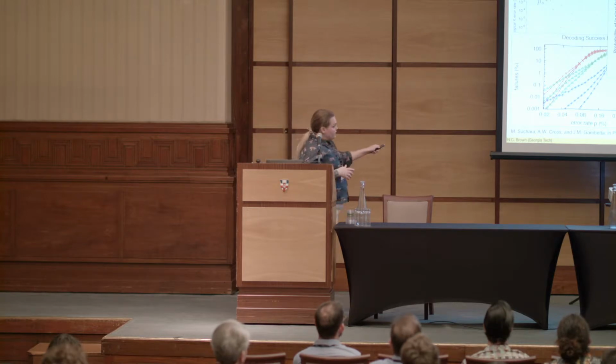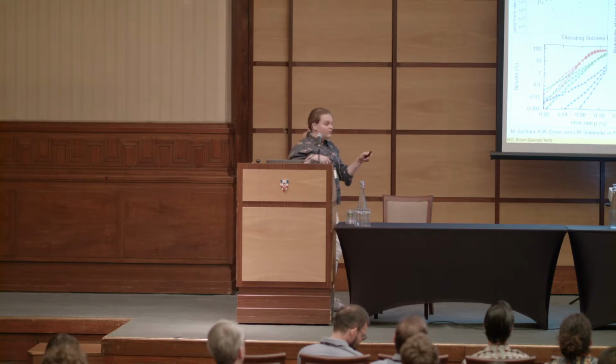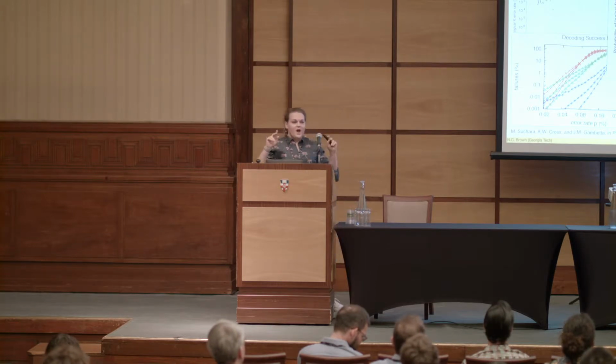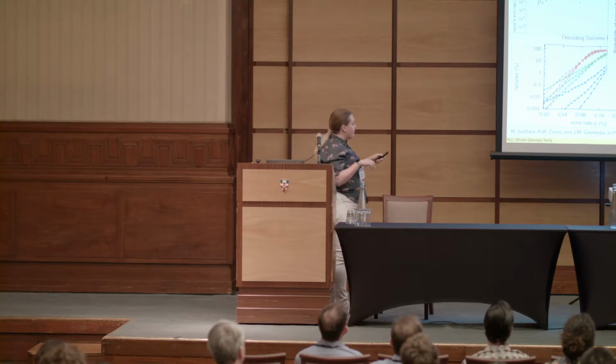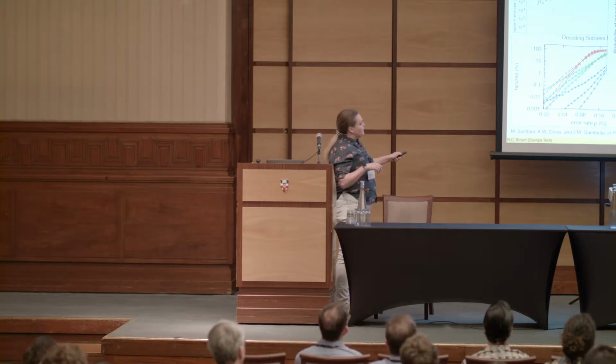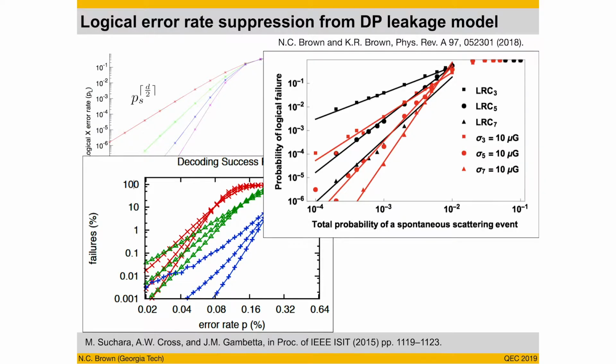These black lines here represent my hyperfine or leaky qubit, and these red lines are my Zeeman or non-leaky qubit. And you really see here that if the dephasing noise on our non-leaky qubit can be suppressed, then we see an improvement over the hyperfine qubit.